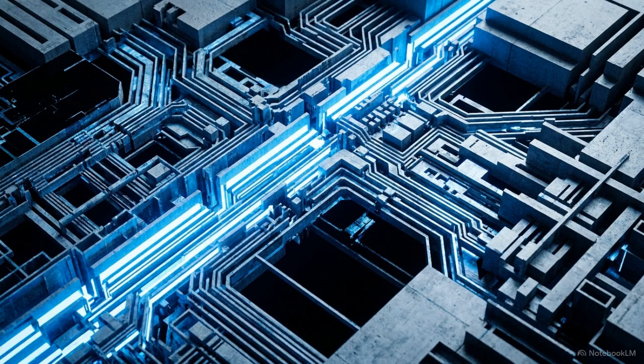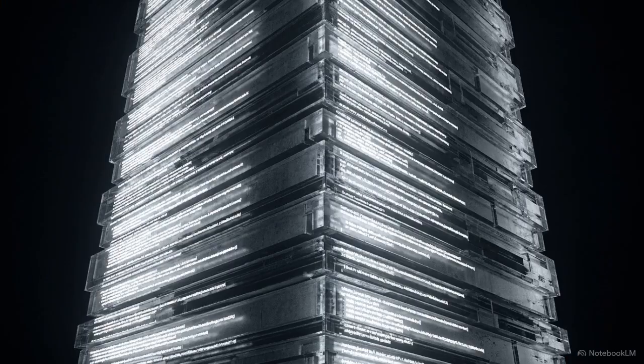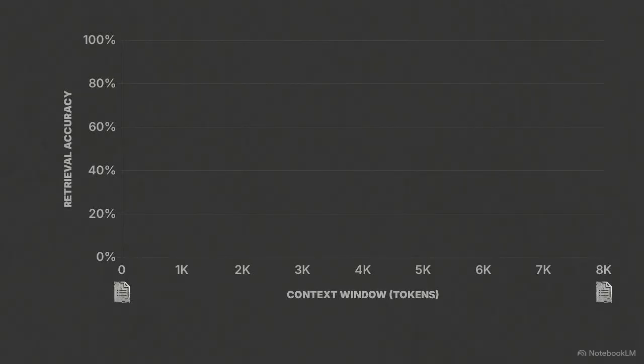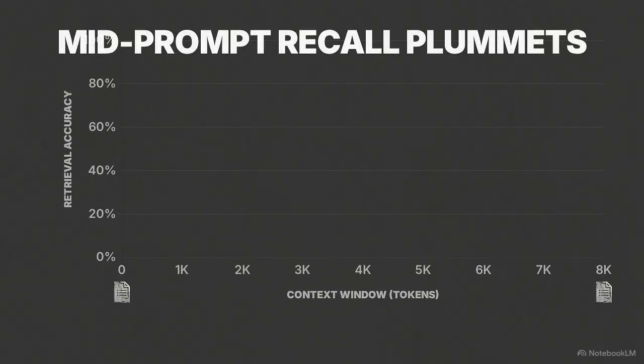The first layer of this logic involves memory allocation. We naturally assume that when we paste in a long document, the AI processes every word of that prompt with equal weight. This diagram illustrates an 8,000 token context window. What you are looking at is the lost in the middle phenomenon. Watch the retrieval accuracy.